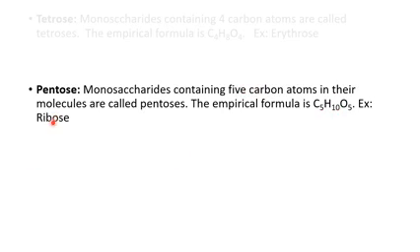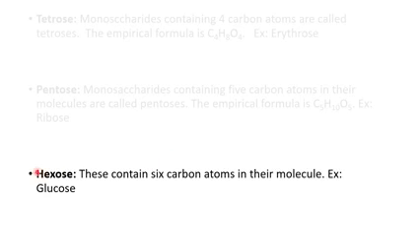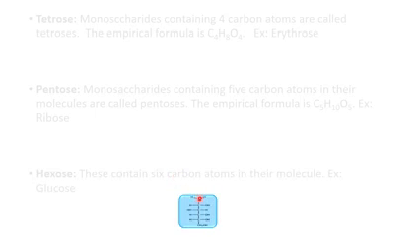Example, ribose, a very important compound which is present in the RNA. I got an aldehyde, 1, 2, 3, 4, 5, so it's an aldopentose. Hexose, famous example glucose, with 6 carbon atoms: 1, 2, 3, 4, 5, 6. So 6 carbon atoms is called a hexose.